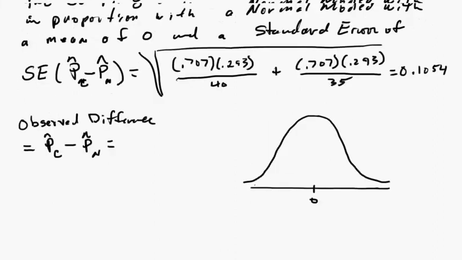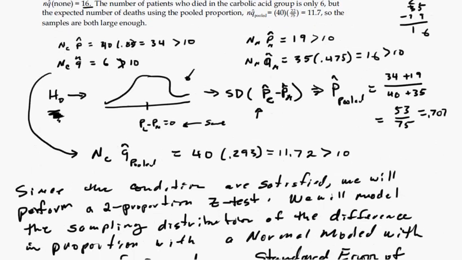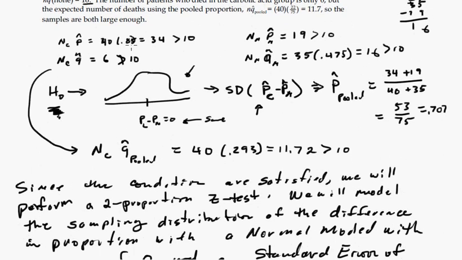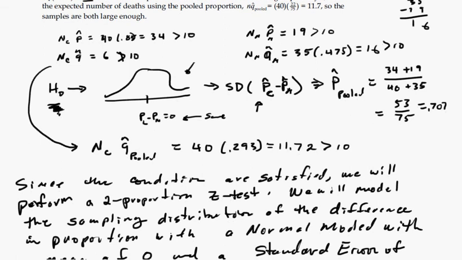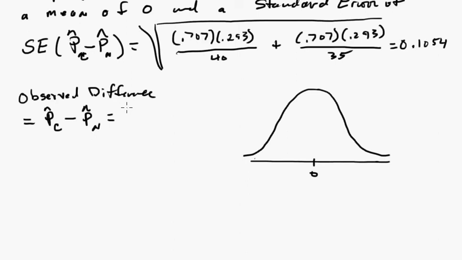Let's go back up and look. 34 out of 40 minus 19 out of 35.